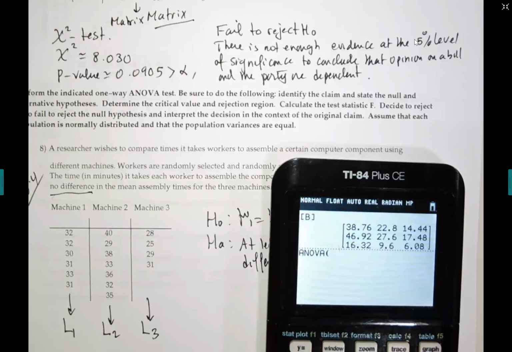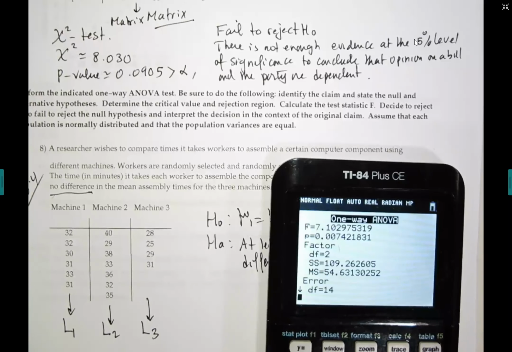Make sure, guys, you do second and number 1 with a comma, second and number 2 with a comma, and then second and number 3 and close parentheses, and enter. So ANOVA, L1, L2, L3.